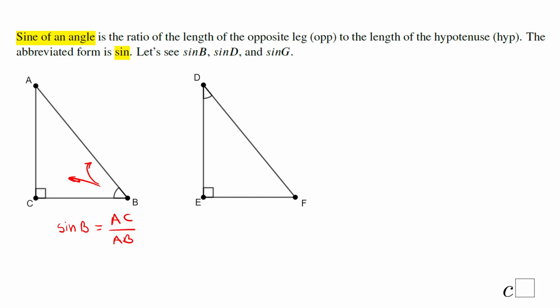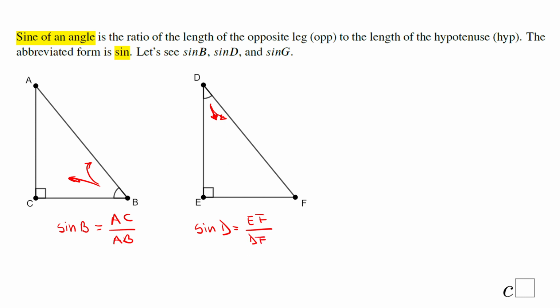What about this angle D? Sine of angle D will be, what will be the opposite leg? That will be EF in this case. You see, it is on the other side of the angle, and the hypotenuse is DF.